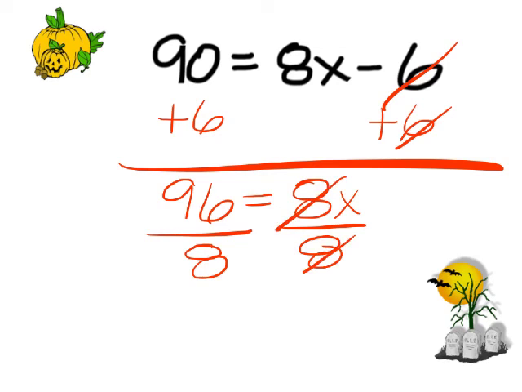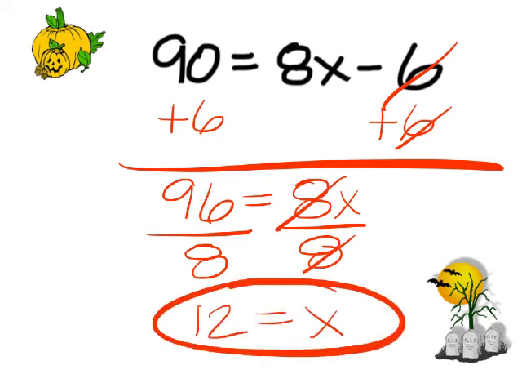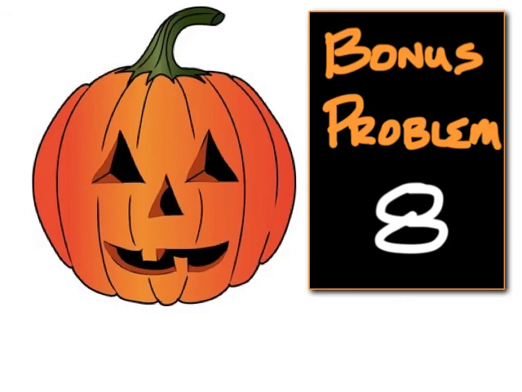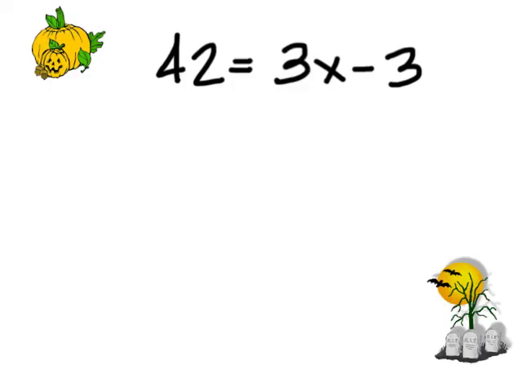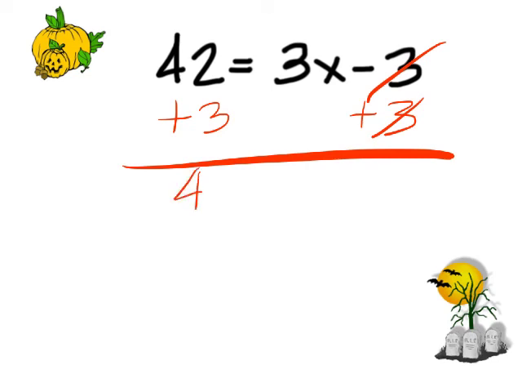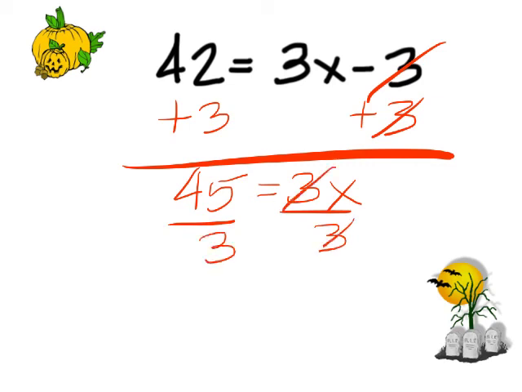Divide both sides by 8, and your answer should be 12 equals x. Bonus problem number 8. You should add 3 to both sides to get 45 equals 3x, and then divide both sides by 3 to get 15 equals x.